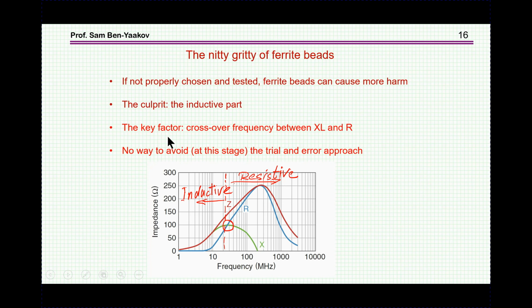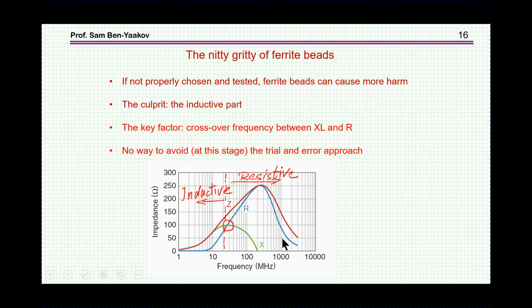And then the point that you have to worry about is this inductive part, because this inductive part with capacitance, either parasitic or capacitors that you have in the system, may cause oscillation and interference, and this could be bad news. So the crossover frequency is the key factor here in the selection of these elements.